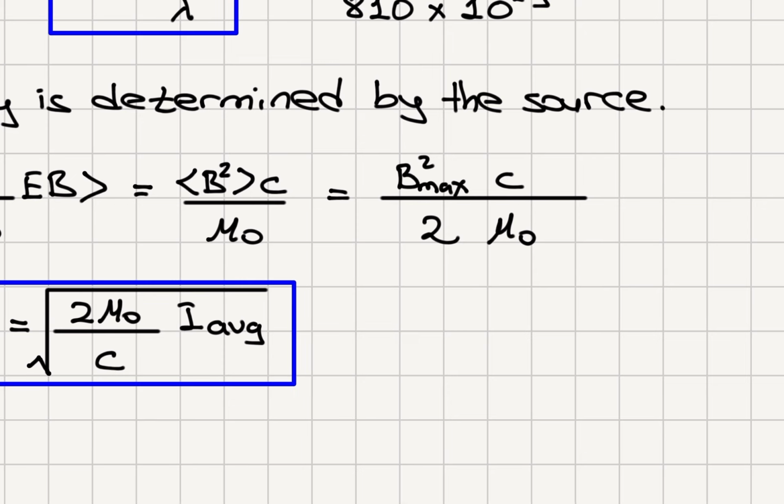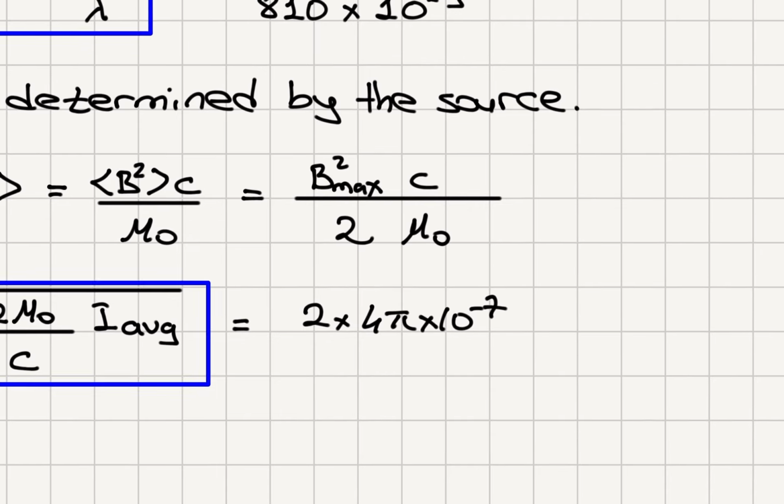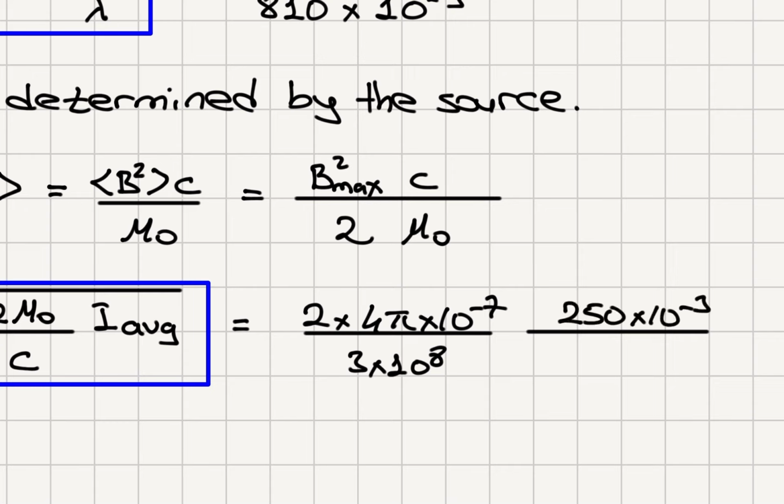This is equal to 2 times permeability of free space, which is 4 pi 10 to minus 7, times the intensity, divided by the speed of light, 3 times 10 to 8. And for the intensity, we have 250 milliwatts, so 250 times 10 to minus 3 watts, divided by pi times d over 2 squared, which is 510 times 10 to minus 6 over 2 squared, and this all inside the square root.